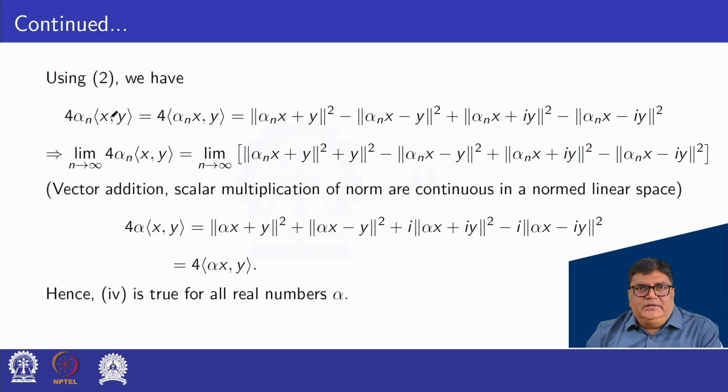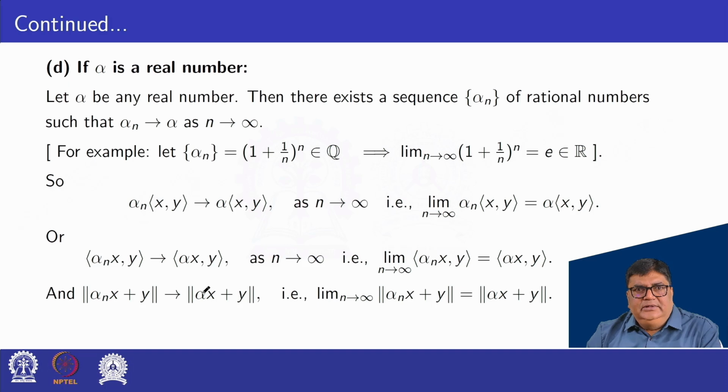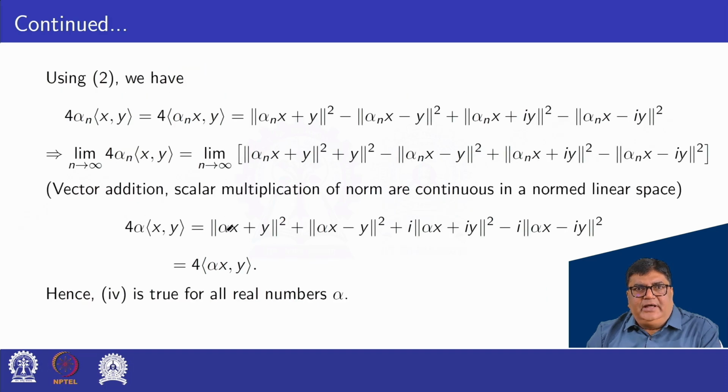So this is 4 alpha into the inner product of x, y, and this one can be written as the norm of alpha x plus y squared. Similarly, the second term can be written as the norm of alpha x minus y squared plus i times the norm of alpha x plus iy squared minus i times the norm of alpha x minus iy squared.